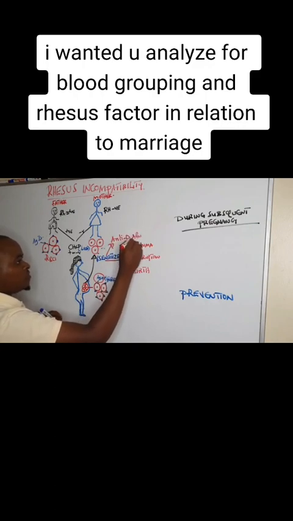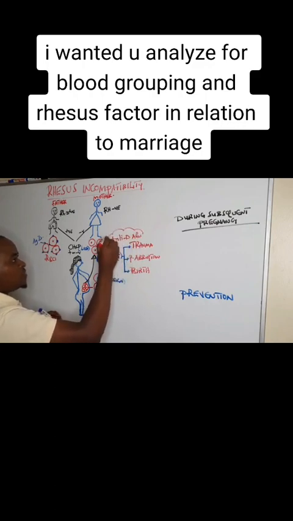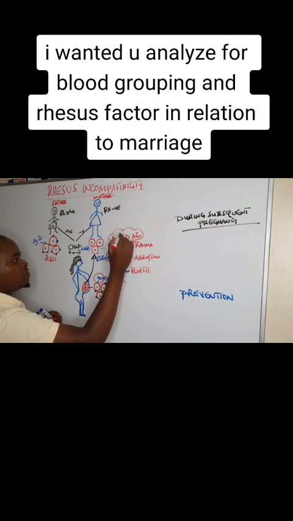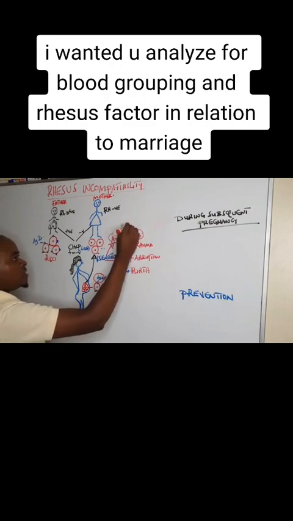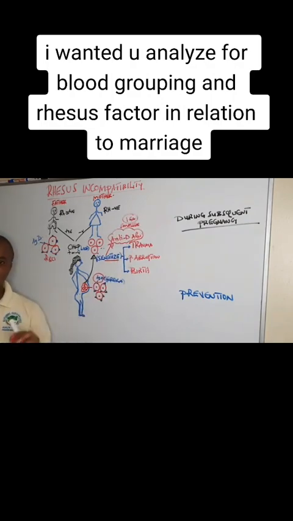antibodies. These anti-D antibodies are formed in smaller quantities the first time, and they are majorly of IgM type, so they cannot cross the placenta. So the first pregnancy is not affected, and the first baby will be normal.